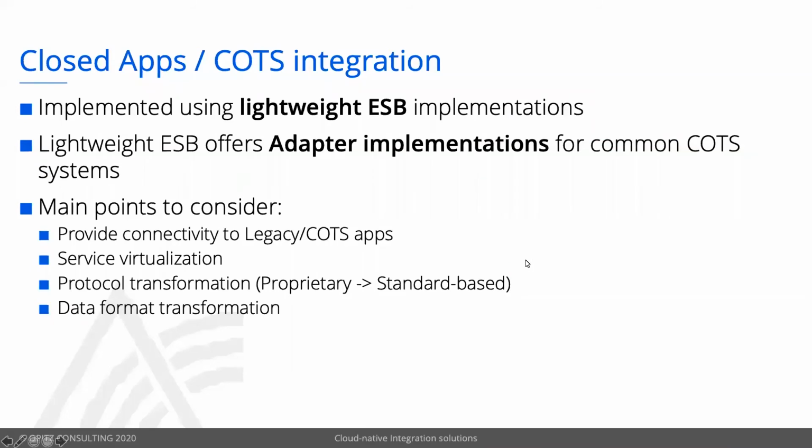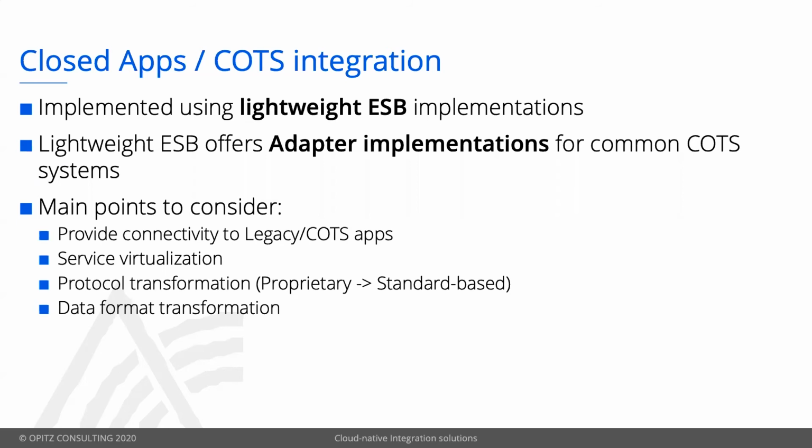So when it comes to closed apps and commercial off-the-shelf integration, we can implement that leveraging a lightweight ESB implementation, which also offers adapters for common commercial off-the-shelf systems. And what do we need to consider when we integrate those closed apps or commercial off-the-shelf integrations? Those applications often don't have an API.